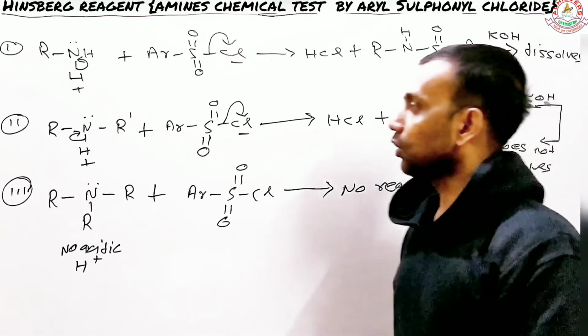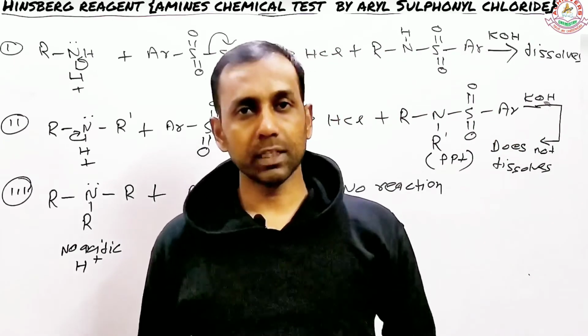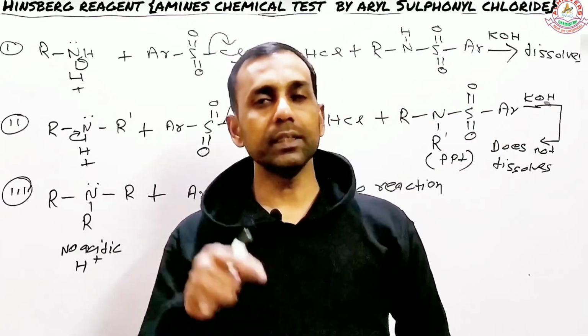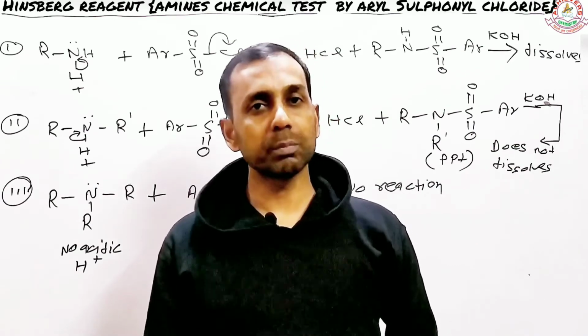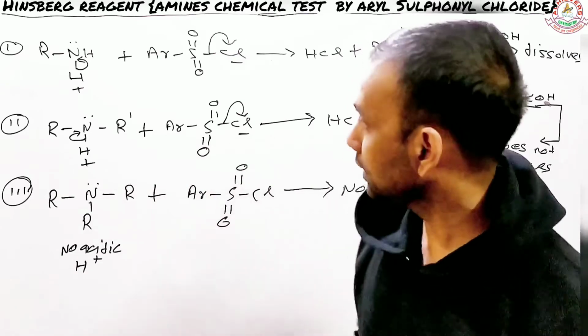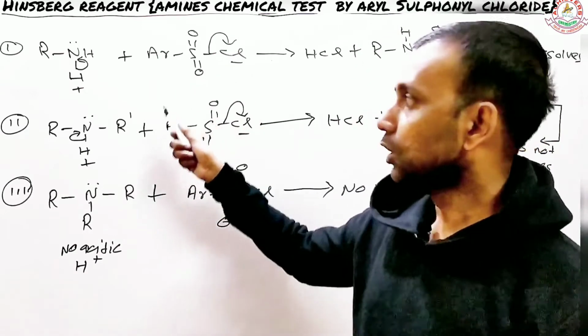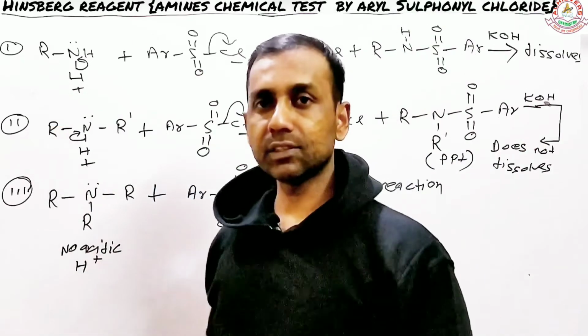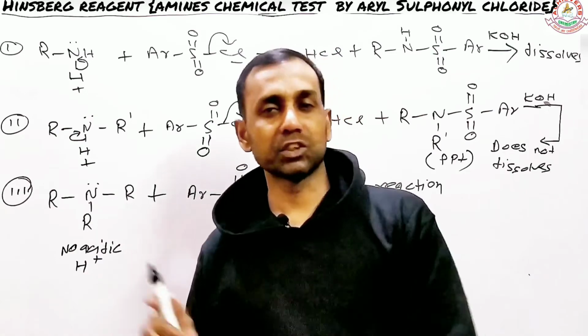So this is how you can differentiate, in a very simple and short way, 1 degree, 2 degree and 3 degree amines when you react them with the Hinsberg reagent. And what is that Hinsberg reagent? Aryl sulfonyl chloride, right? So the 3 types of amines give very different reactions with this Hinsberg reagent.